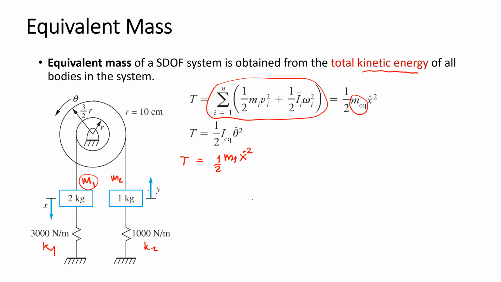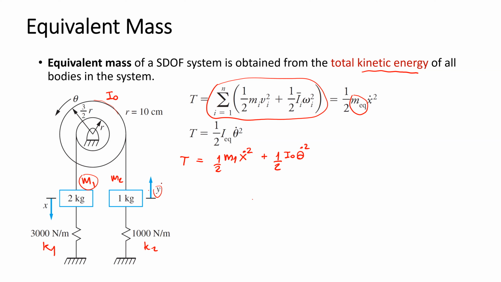For the pulley, if it has a moment of inertia and we cannot neglect its mass, we have 1/2 I theta dot square.